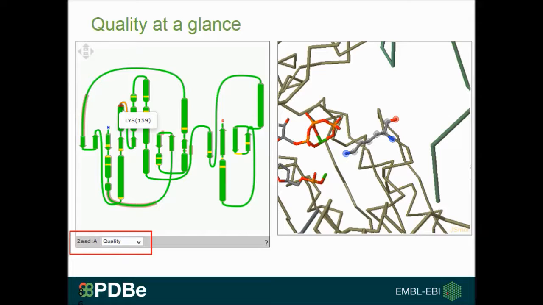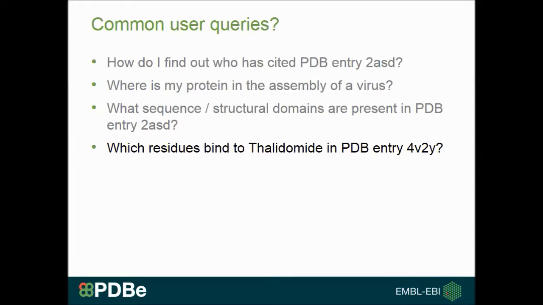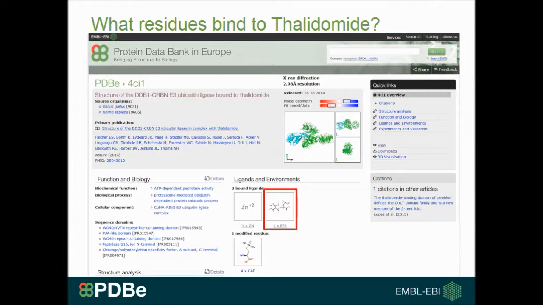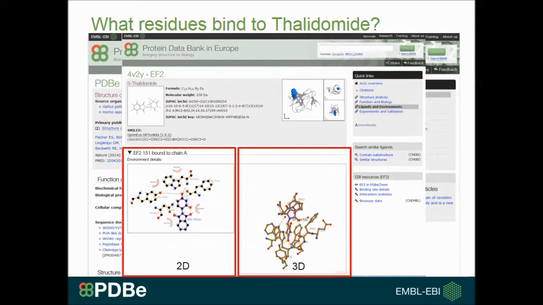The final question we will try to answer was which residues bind to thalidomide in PDBe entry 4v2y. In this case we will go to the ligands and environment section, clicking on an individual ligand, where we will see a 2D diagram on the left hand side and an interactive 3D diagram on the right hand side, so we can rotate the structure and have a look where the ligand is within its binding site.